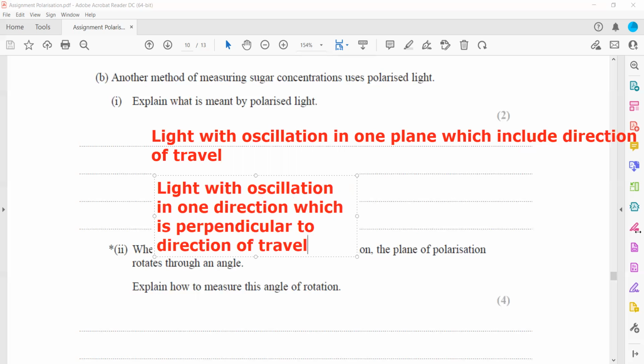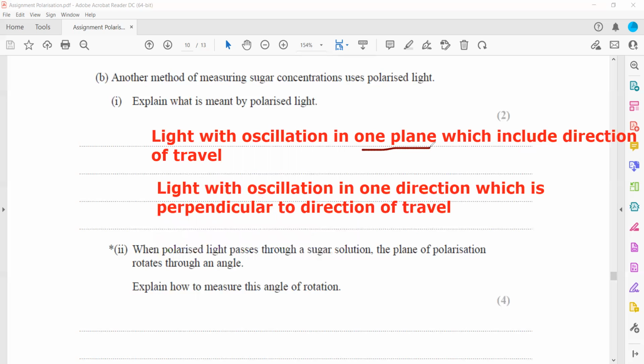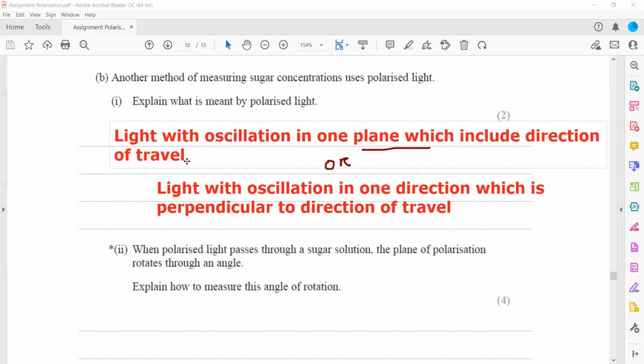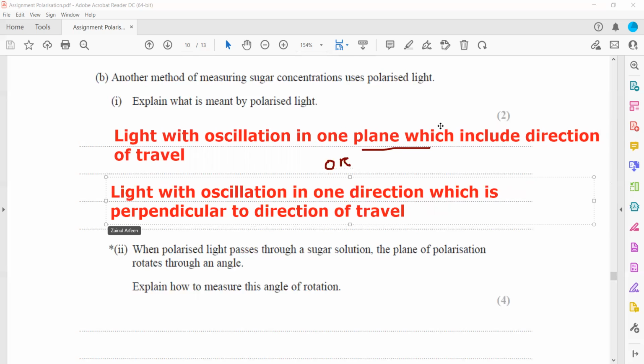So these are important points. You can define it either way. If you use the term plane, then you should mention that the plane includes the direction of travel. But if you use the term oscillation in one direction, that oscillation is perpendicular to the direction of the wave. Any one of them you can write, but when you're writing, be sure whether you use the term plane or the term direction.